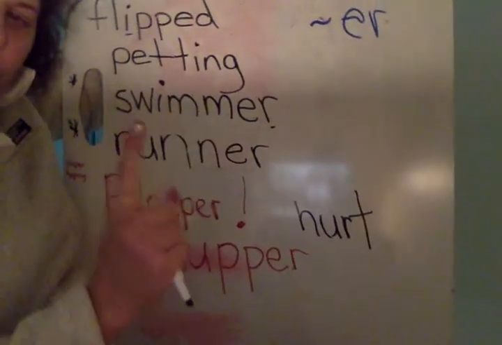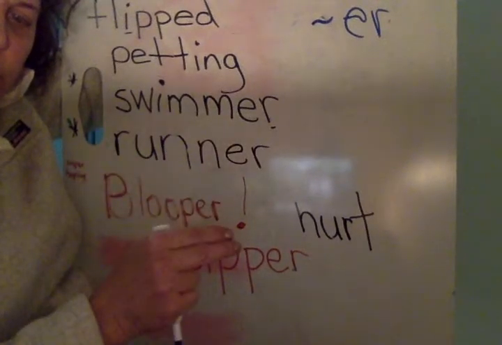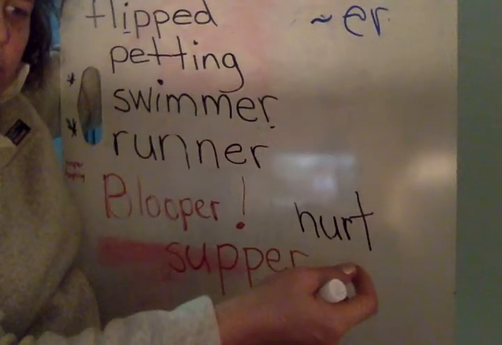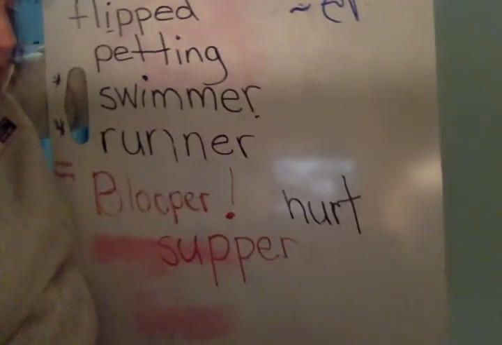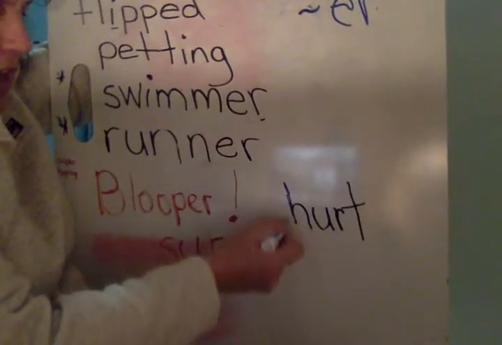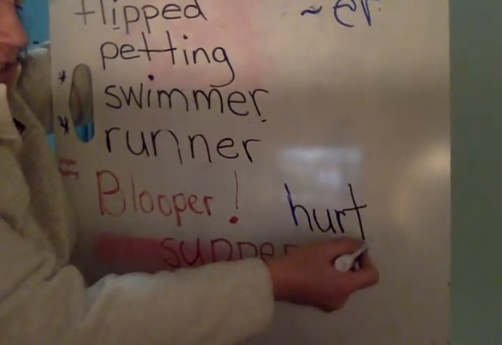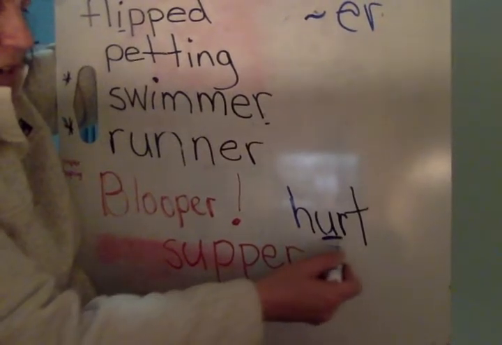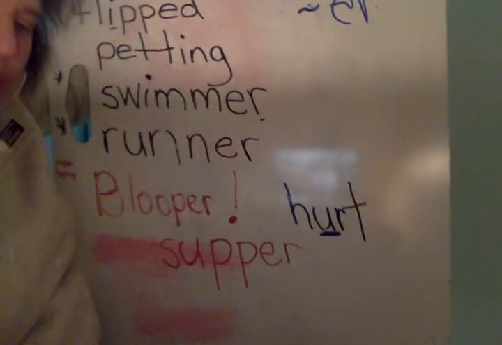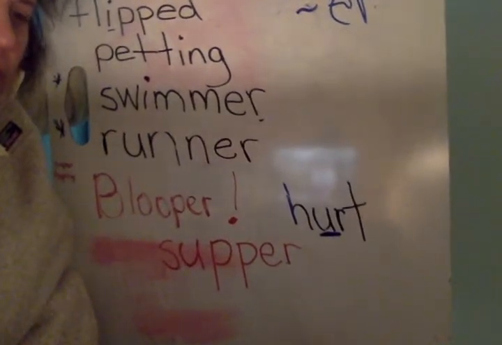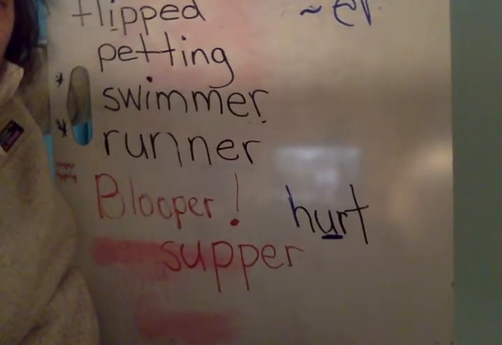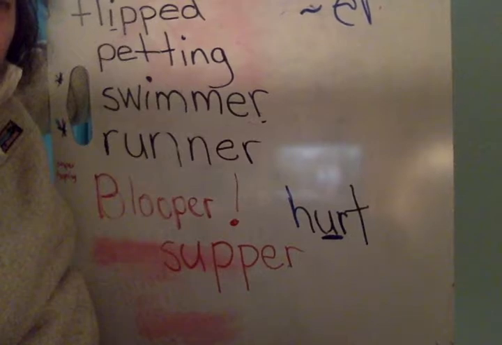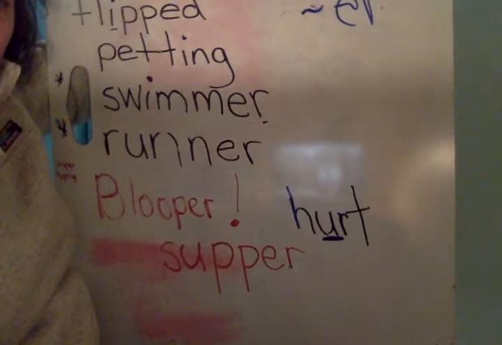The trick was vowel sound, consonant, then word ending. So let's look at this. Now, there is a vowel here. A short U sounds like uh. Do you hear that in the word hurt? Hurt.